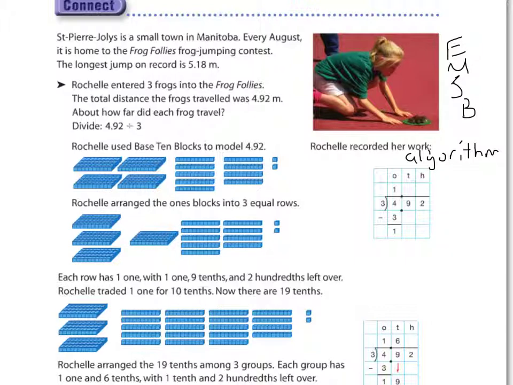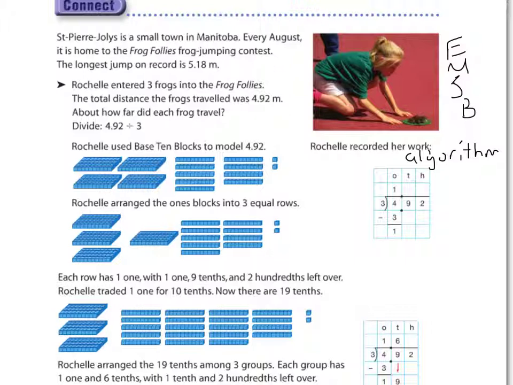First of all, with base 10 blocks, and then we'll connect that to what they've done over here in the algorithm method. So they started off with showing 4 wholes, which they've had as the flats, 9 tenths, which are the tens rods here, and then 2 hundredths, which are the little cubes. So here we go.